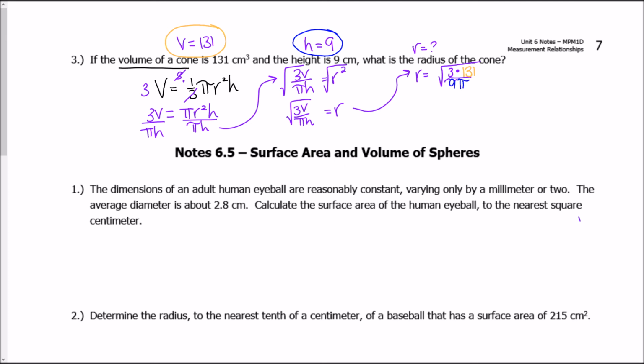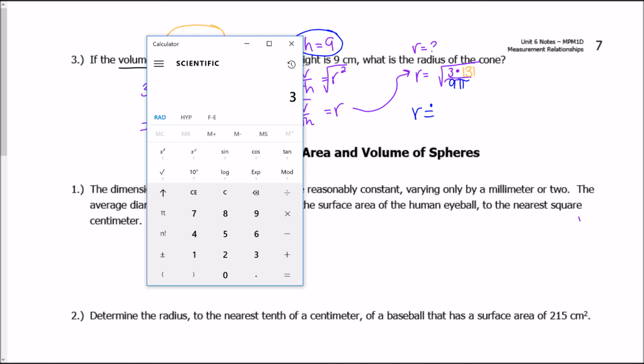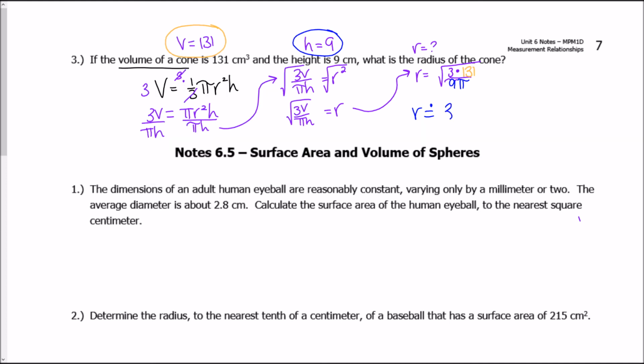So I'm going to do 3 times 131, and I get 393. And I'm going to divide that by, now you must put this in brackets because I need to show that I'm dividing by all of 9 pi. So I'm going to divide by 9 pi, close my brackets, press enter, and then square root it, and I end up getting r is about 3.7. So we're going to say the radius is about 3.7 centimeters.